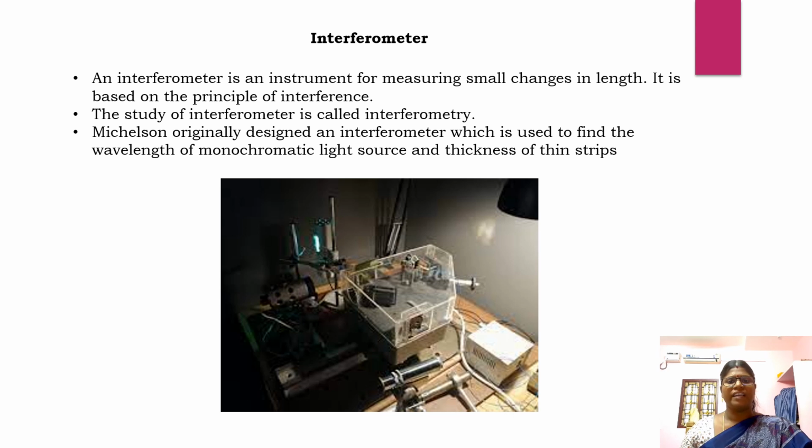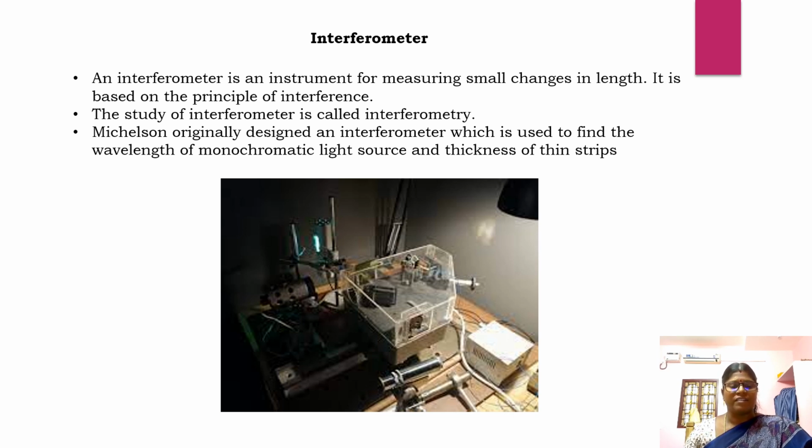Next, the interferometer. An interferometer is an instrument which is used for measuring small changes in length and wavelength. It is based on the principle of interference. The study of interferometers is called interferometry.